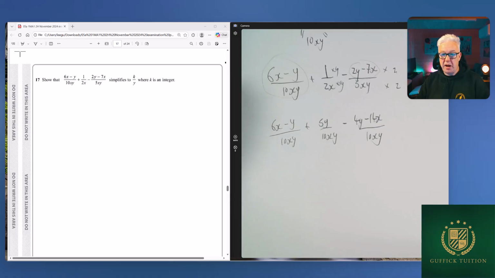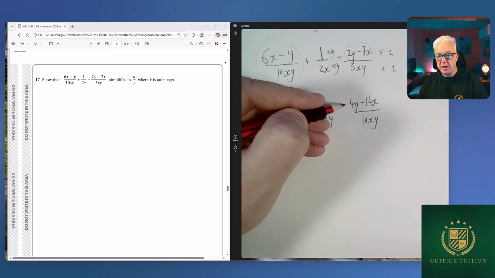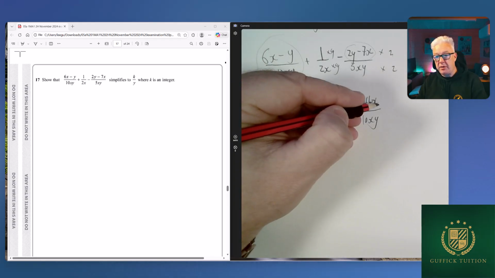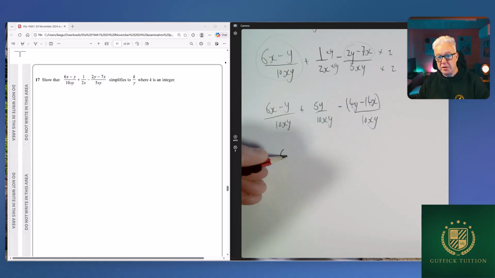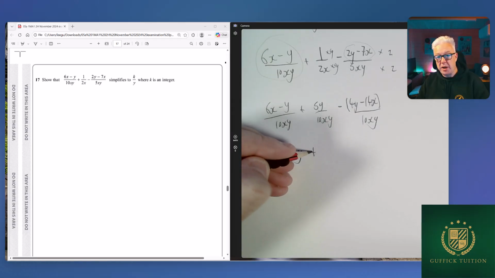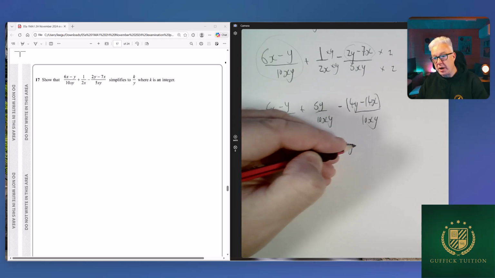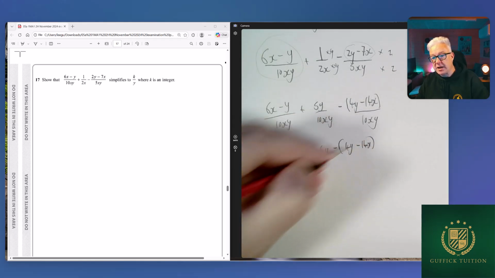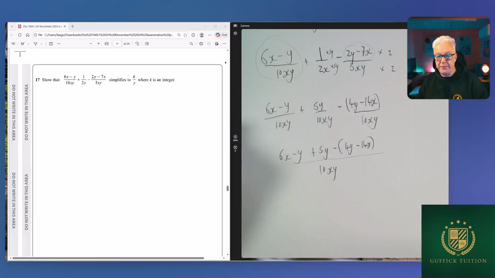Now, here's where I think students would make a mistake on this next step. Now that we have a common denominator, we're going to combine the whole thing, but so that I don't make an error with my sign, I'm going to put brackets around that bit there. So I've got 6x, and you'll see why in a second. 6x minus y plus 5y minus, open bracket, 4y minus 14x. Very important that that's in brackets, 10xy.